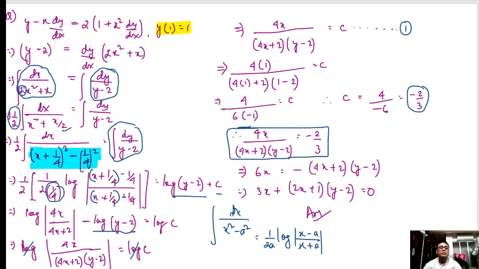So the final solution of this is this. This is our final solution of the equation. Clear?